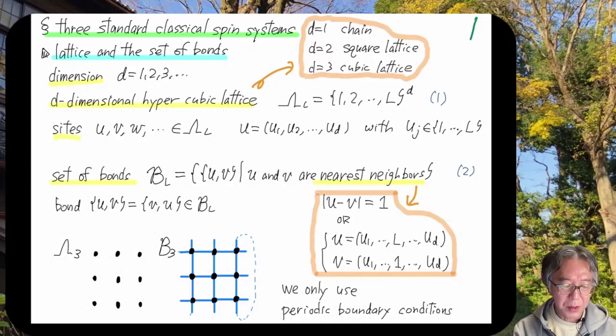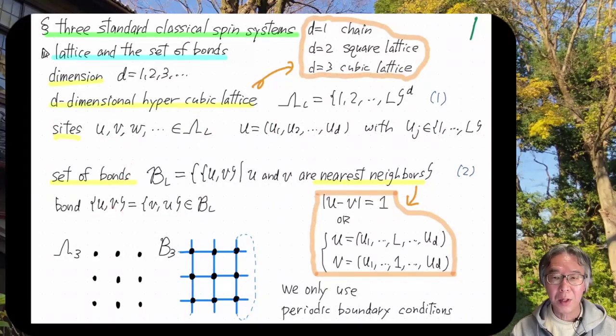The elements of the lattice Lambda are called sites and denoted like u, v, w. If you express u in coordinates, it looks like this. It has D components, and each component takes an integer value from 1 to L. I think this is clear. Now we define the set of bonds, and by a bond we mean an unordered pair of two sites.